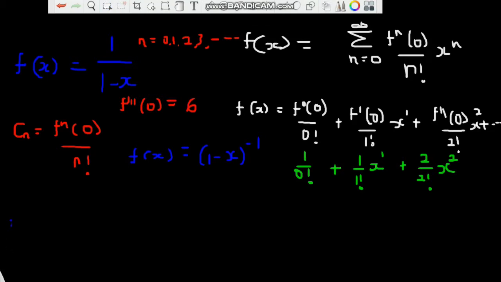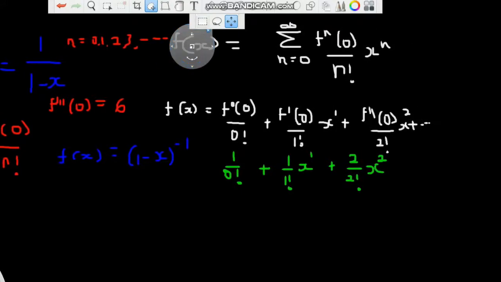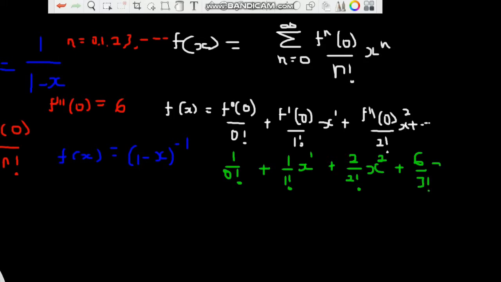So the next term will be plus f triple prime of 0, which is 6, so that will be 6 over 3 factorial, multiplied by x to the power of 3. Okay, so this will keep on going.